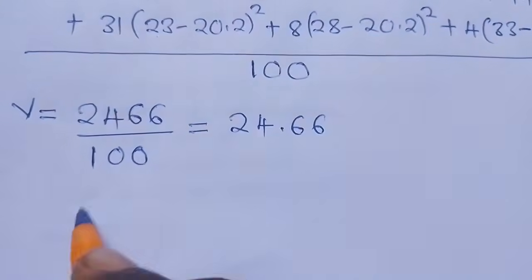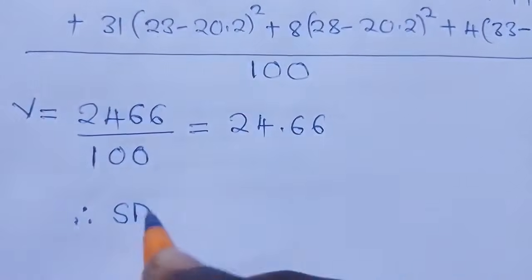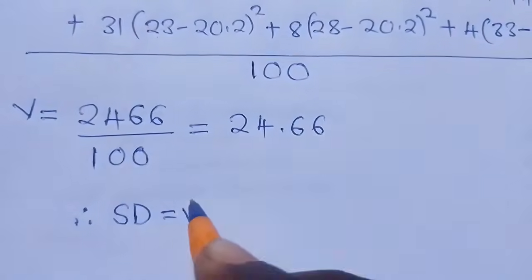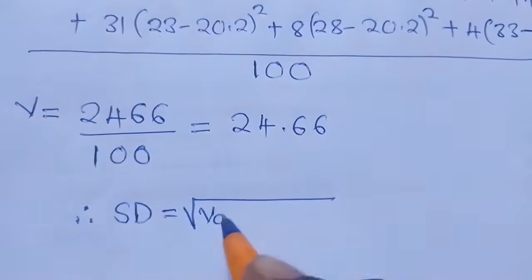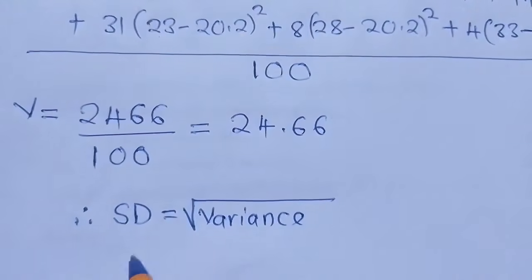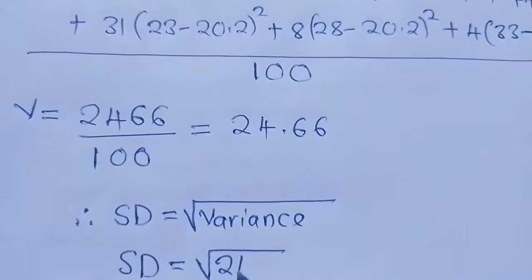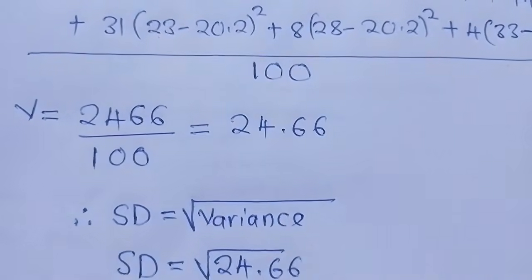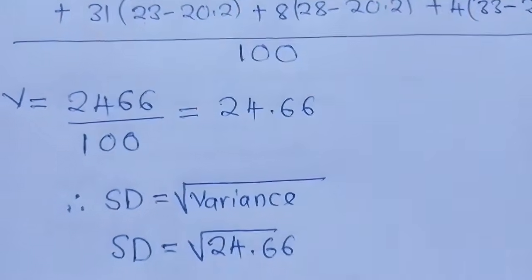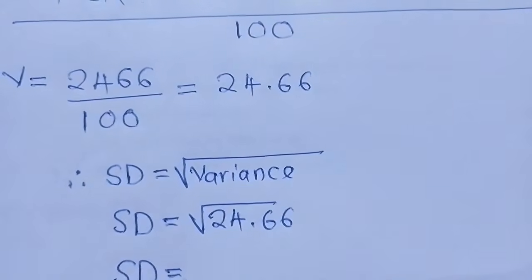How do you now find the standard deviation? You just say therefore standard deviation, SD, is equal to the square root of variance. Have you seen like this? Standard deviation is now equal to the square root of 24.66. What's the square root of that number?